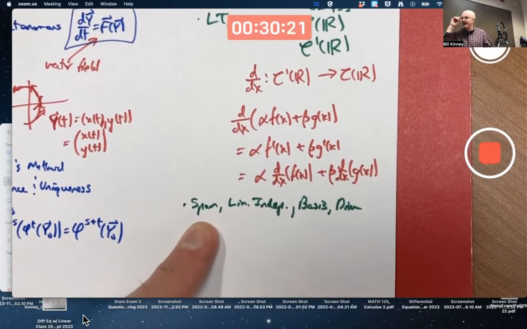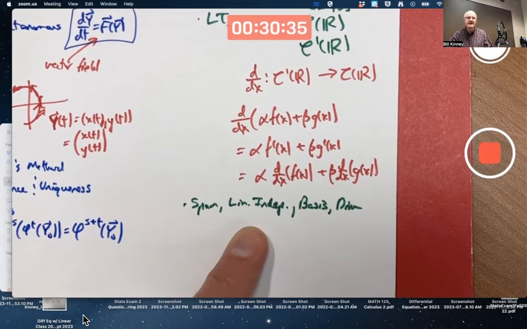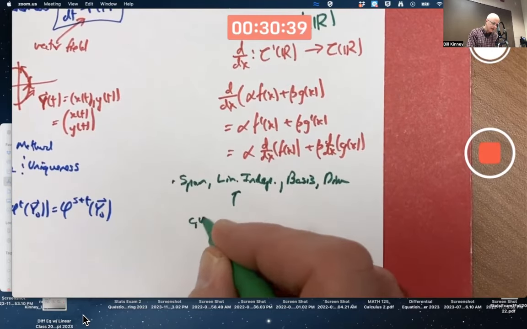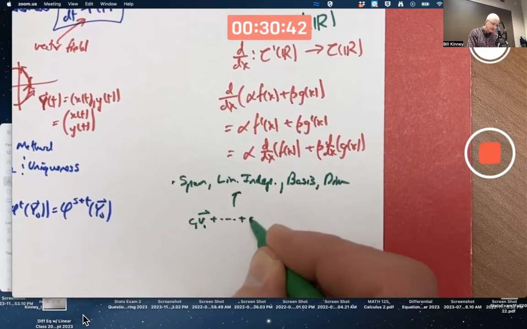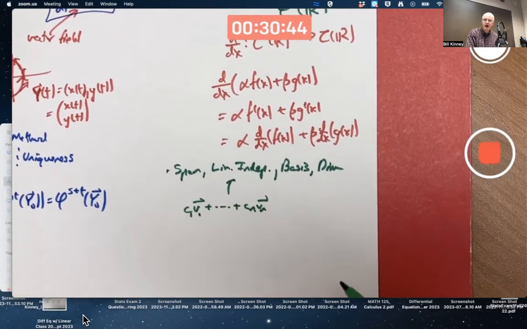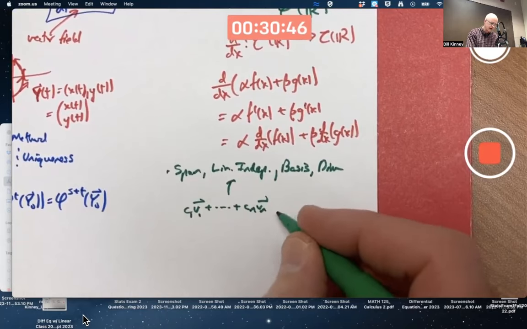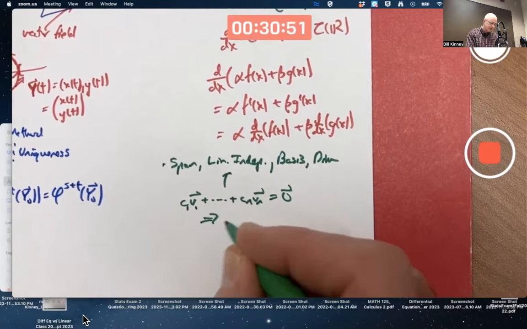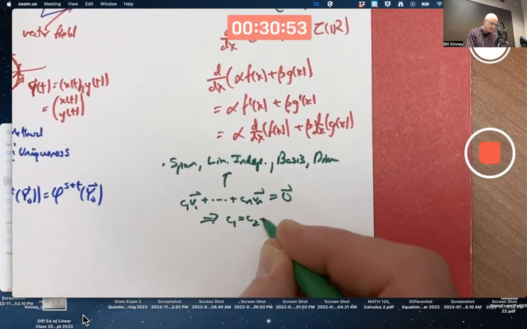What's the span of a set of vectors? In the abstract, it's just the set of all linear combinations of them, whether those vectors are ordinary vectors or whether they're functions or something else that you can't even imagine. Pure abstract objects. What does linear independence mean? It means that if you've got a linear combination of vectors, these are abstract vectors, these v's could be functions, but I'm writing them as if they're ordinary vectors, equals the zero vector, linear independence means that all the c's are zero.